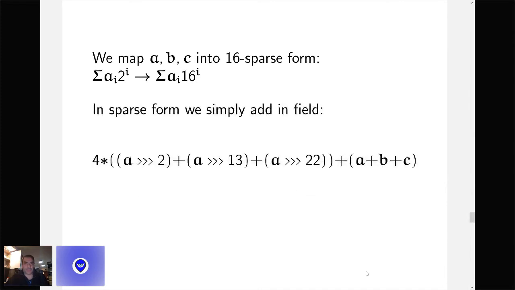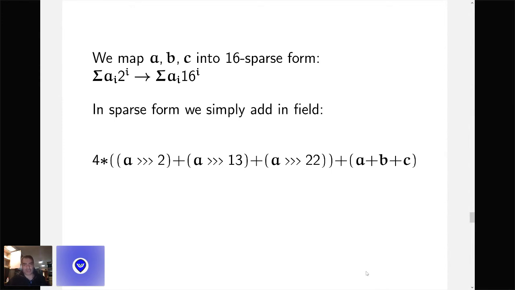Suppose, and I'll address this in the next slide, that magically someone gave us the 3 right rotations of A that we need.